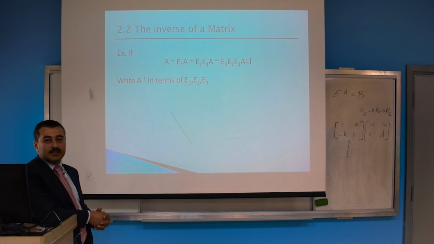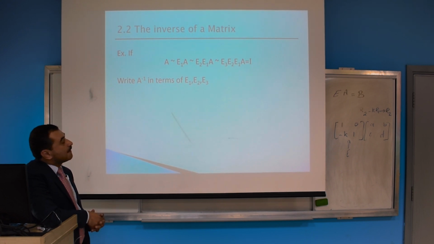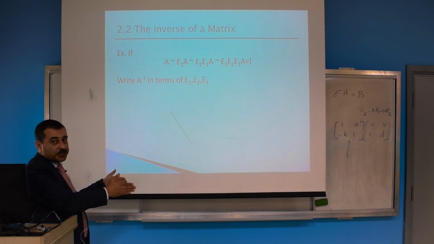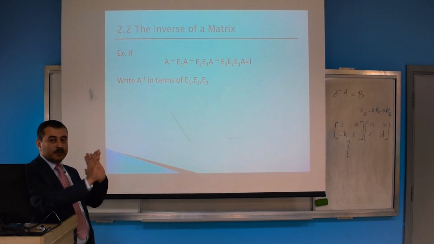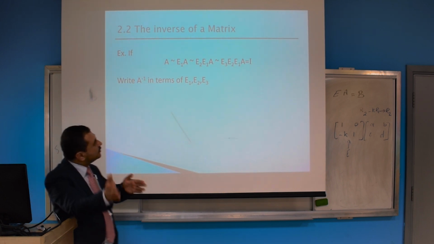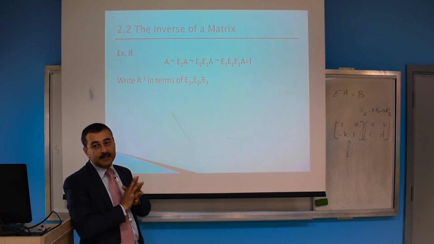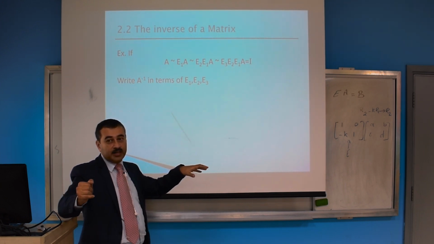What is the meaning of this question? What did you do first? You did a row operation and got a new matrix, which we said is equivalent: you multiplied from the left by an elementary matrix. Then another reduction, equivalent to being multiplied by another elementary matrix, until you reach I. What happens if you take a square matrix and do the reduction until you reach I?